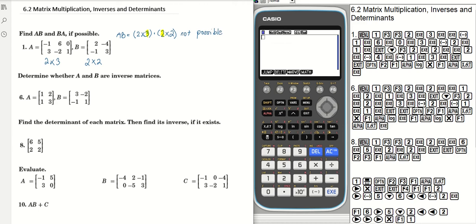How about B multiply A? Dimension of matrix B is 2 by 2. Dimension of matrix A is 2 by 3.